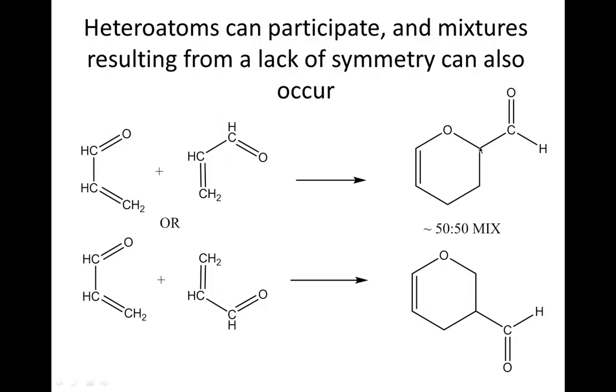So it's either next to it or 3 atoms away. And you get about a 50-50 mix. That's the complicating factor when you have these heteroatoms. Sometimes you get mixtures. But I did want to show that you're not limited to just carbons in making these rings. And by the way, a lot of these Diels Alder reactions are reversible.